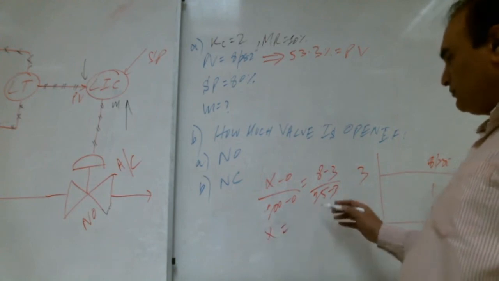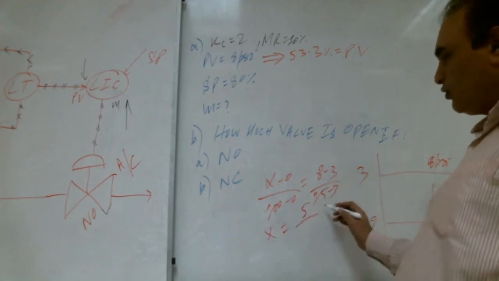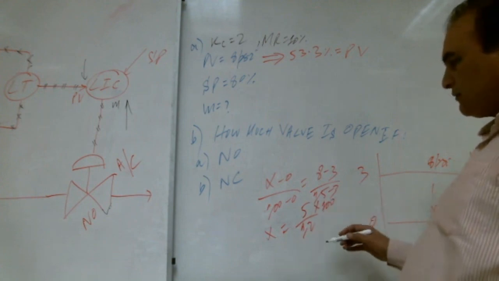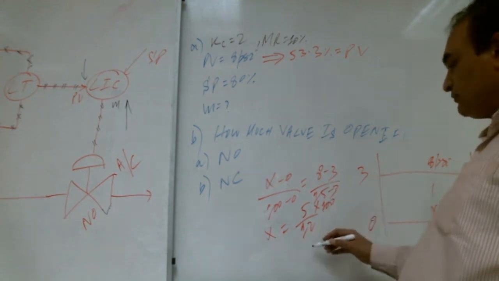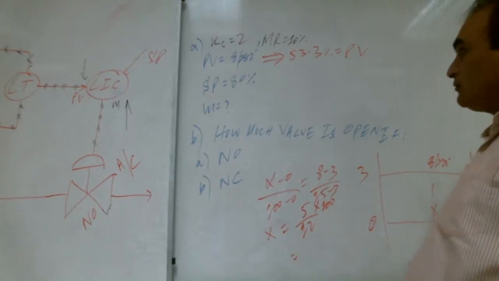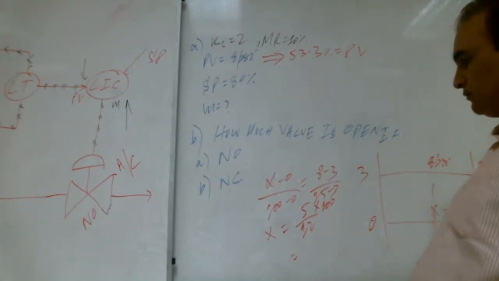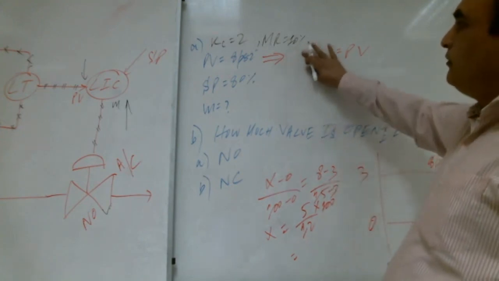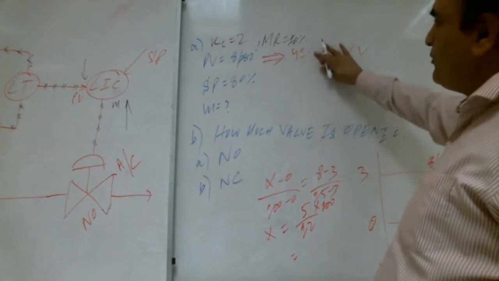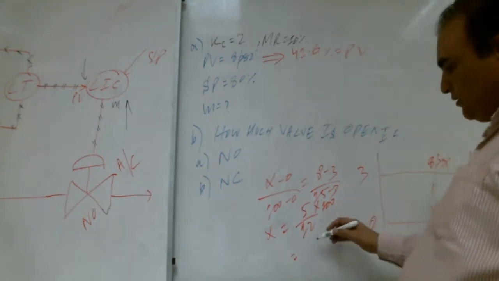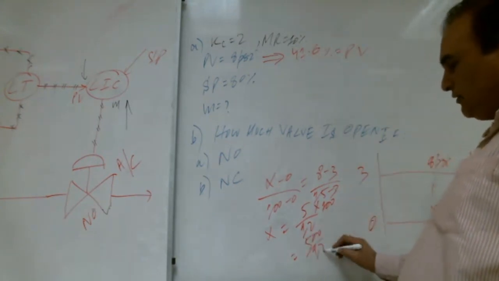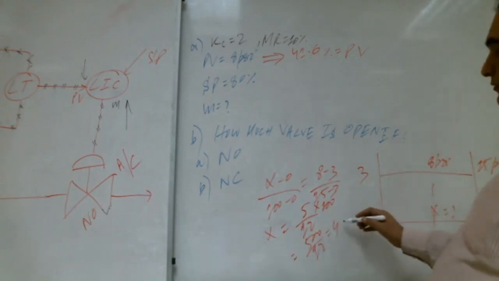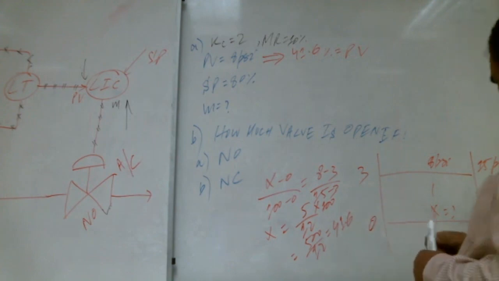So x is equal to 5 over 12 into 100. How much? Teacher, I'm wrong. 41.6. Yes, now it's true. 500 over 12, approximately 41.6.